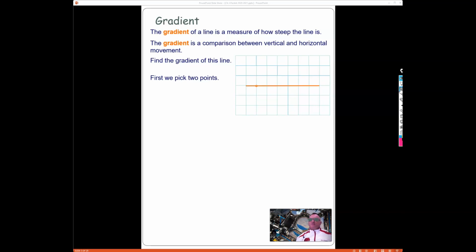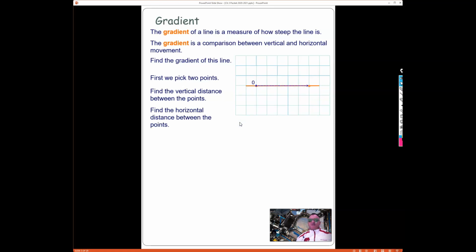All right, now we've got a horizontal line. So it doesn't rise and it doesn't fall. It has 0 slope. So as we pick our 2 points, find the vertical distance between the 2 points. Well, there is none because they're even with each other. So that's going to be 0.